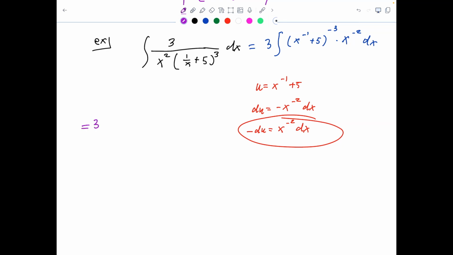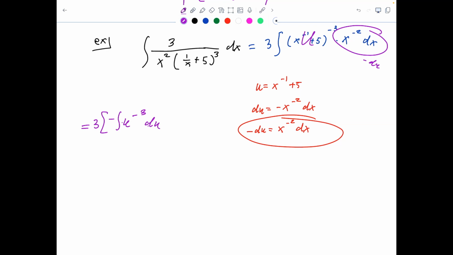So then that means that 3 hangs around, and I get negative 3 integral of what? Remember, this entire piece is just a negative du, and this is my u now. So I get u to the -3 du.